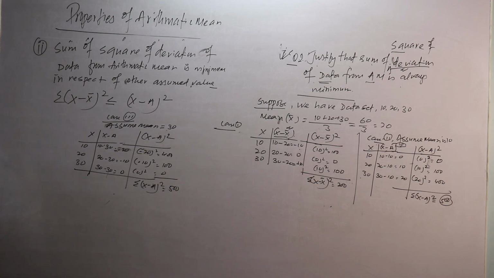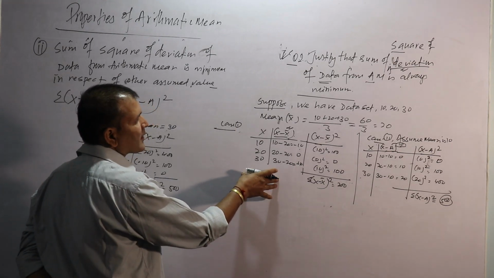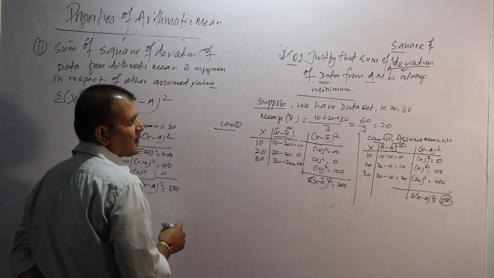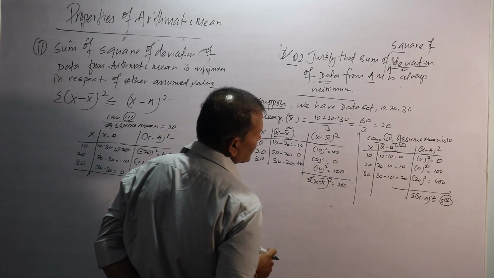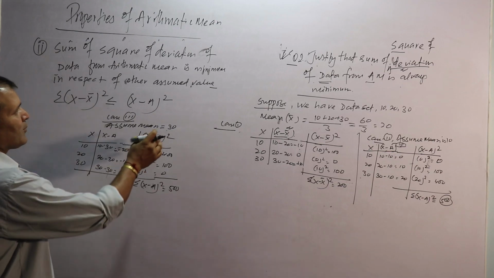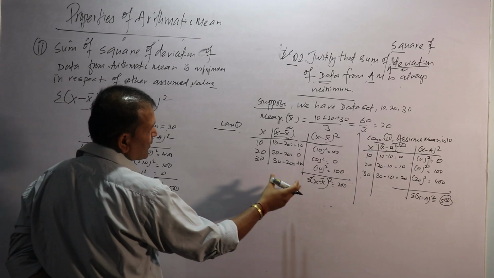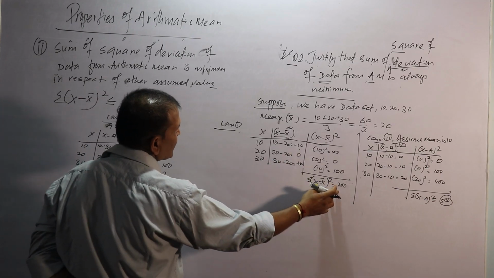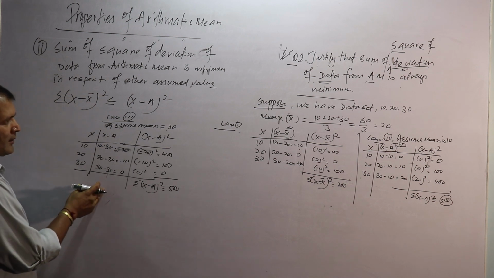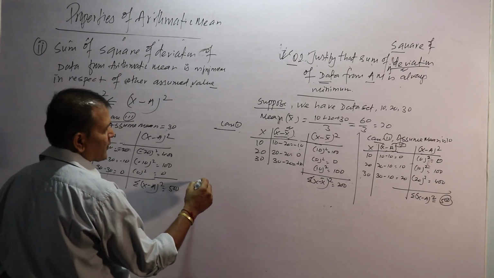So in case number 1, the squares of the deviation of the data from arithmetic mean, and in cases number 2 and 3, the squares of deviation of the data from assumed mean 10 and assumed mean 30. What do you see? The sum of squares of deviation from the arithmetic mean is 200, in case number 2 it is 500, and in case number 3 it is 500.